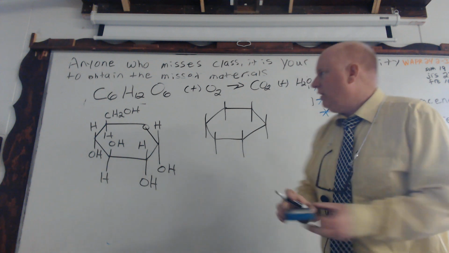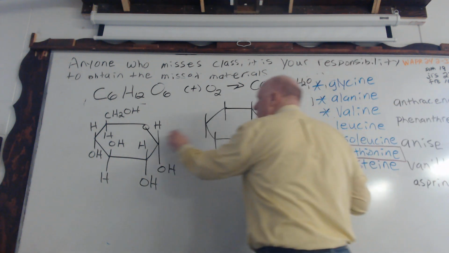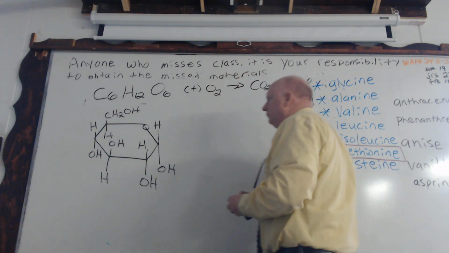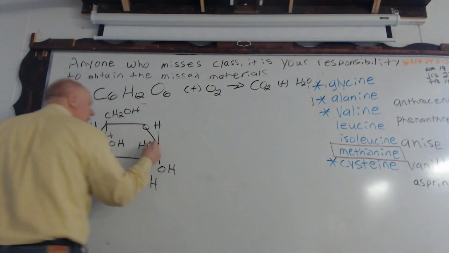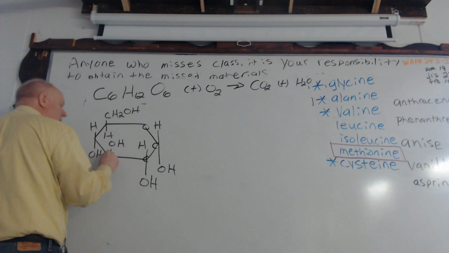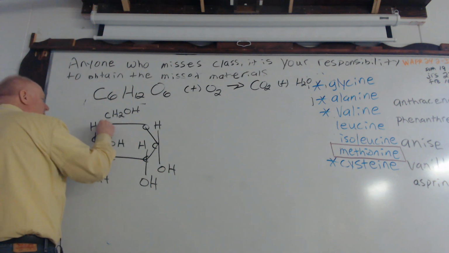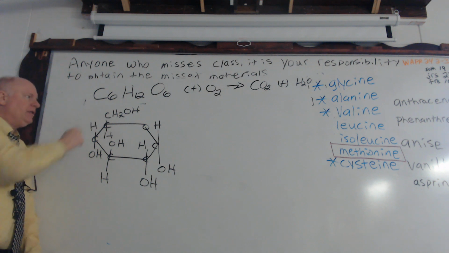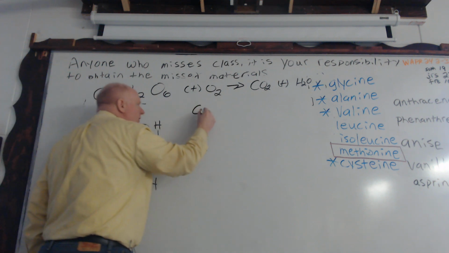Exactly. So each intersection, whether it's here or here, is going to be a carbon atom. So when we look at this, here's 1, 2, 3, 4, 5, and then up top here is number 6. So there's our 6 carbons.